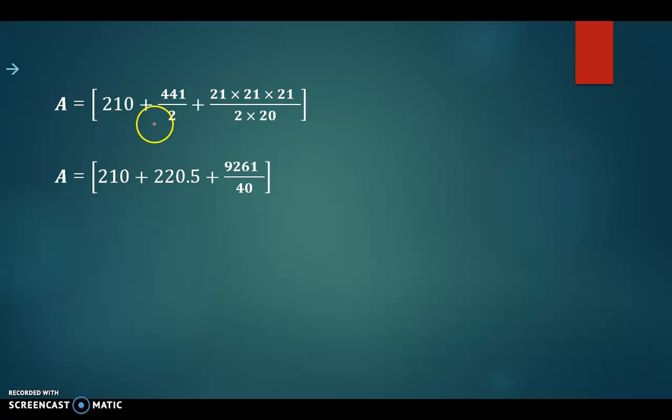Now 441 divided by 2 is equal to 220.5 rupees. And 21 multiply 21 multiply 21 is equal to 9261, and then 2 multiply 20 is equal to 40.